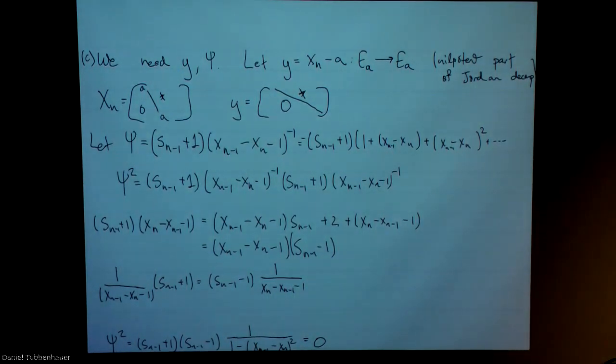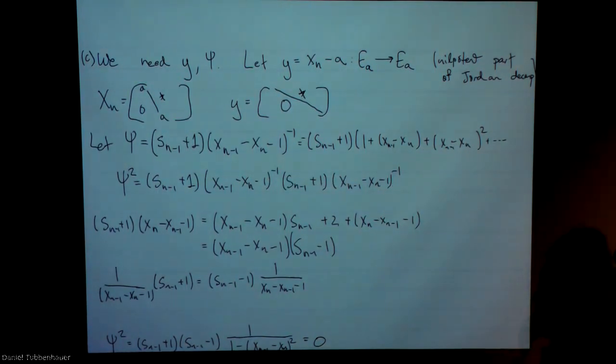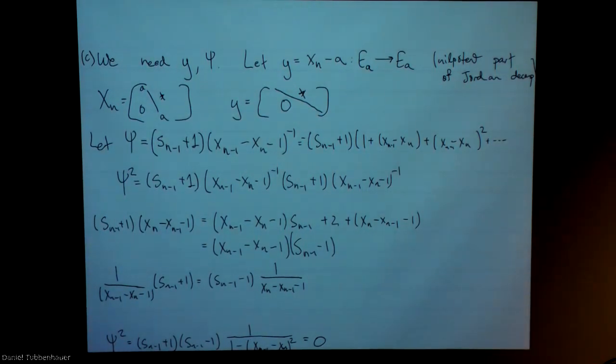I should at least comment, why is this well defined? Because I'm looking at the A eigenspace both of X_{n-1} and of X_n. Both of these act with the scalar A plus something nilpotent. So this guy is something nilpotent minus 1, and something nilpotent minus 1 is always invertible by the geometric series.